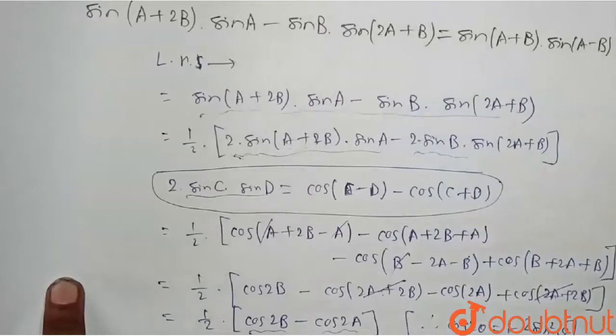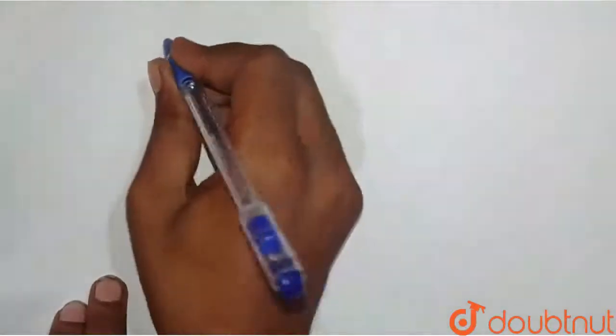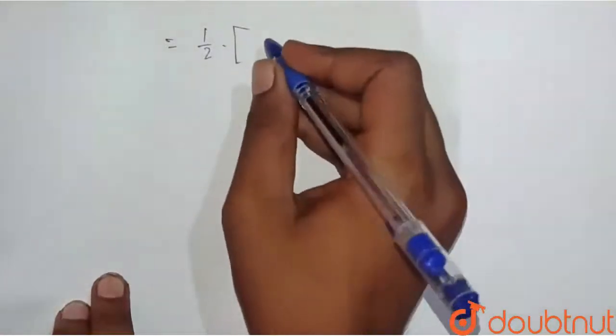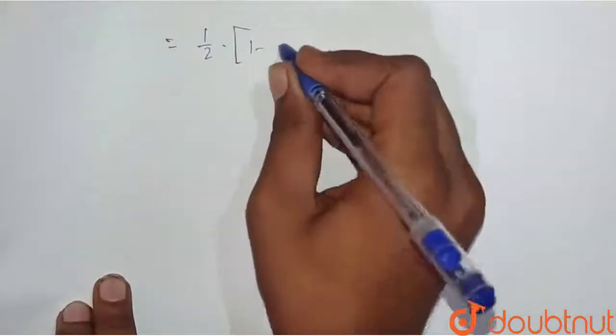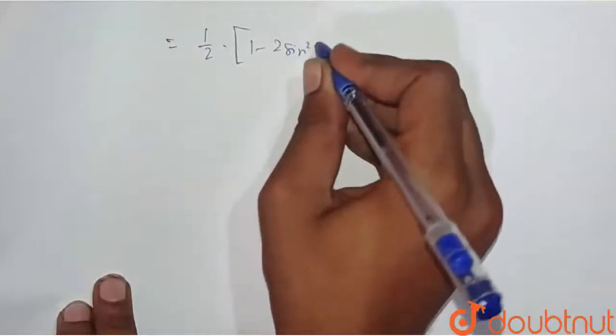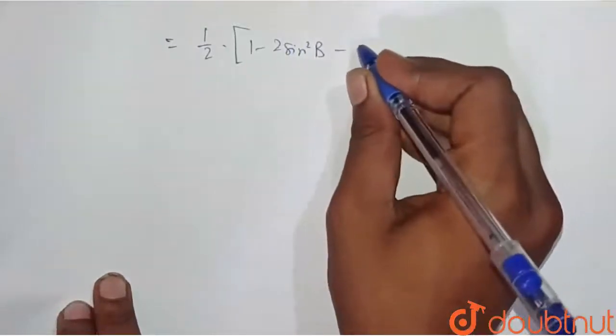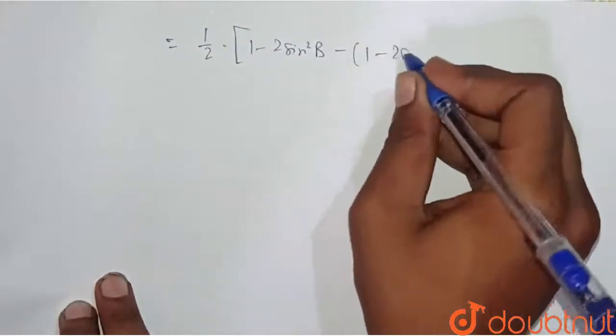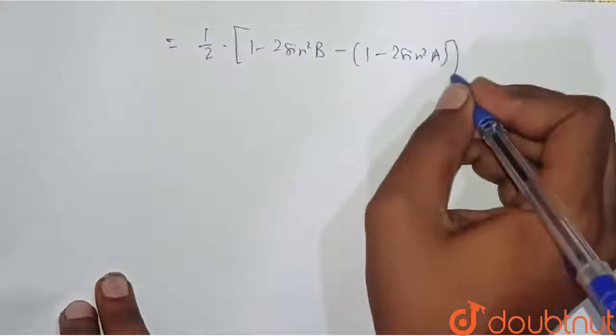After applying this formula, we get 1/2 into cos 2b as 1 - 2 sin square b, minus cos 2a as 1 - 2 sin square a.